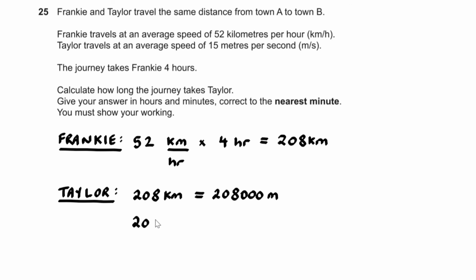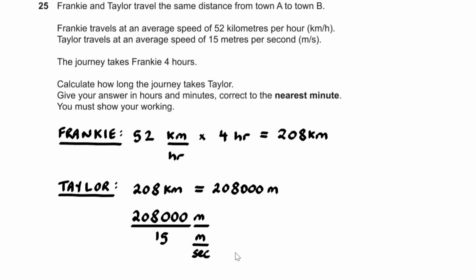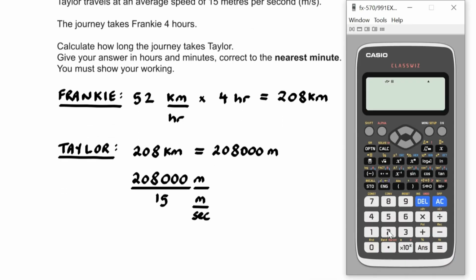So if I do 208,000 meters divided by the speed of 15 meters per second, working this out, it turns out we would get 13,866.67 seconds.